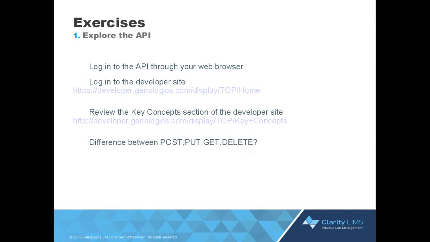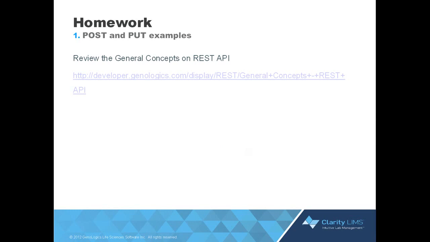And if you have time, take a look at the REST methods, which are post, put, get and delete. You should be able to either browse to the pages that you need or search for them. In addition, have a look at some of the post and put examples and review the general concepts that underpin the REST API.